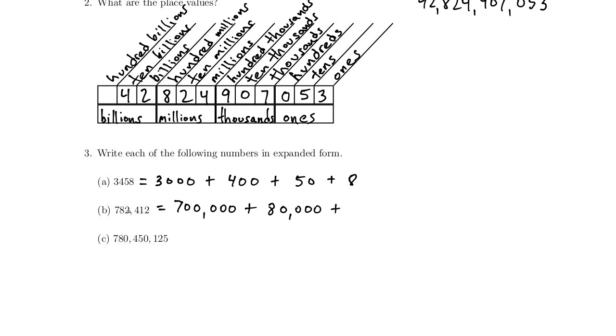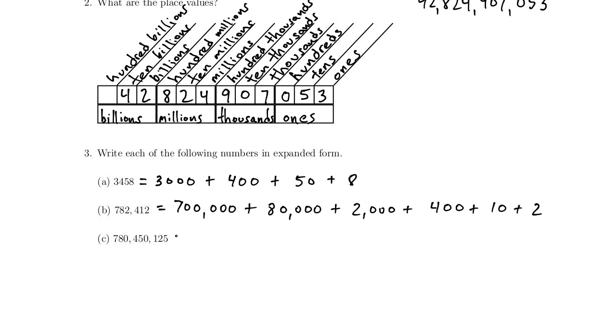Plus the 2 is in the thousands place, so the 2 represents 2,000. Plus the 4 is in the hundreds place, so the 4 represents 4 hundreds, 400. Plus the 1 is in the tens place, so 10. Plus we have the 2, that's in the ones place, so that's just 2.